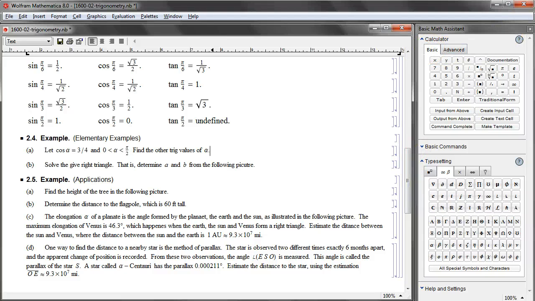It is really necessary to specify the angle is an acute angle, an angle between 0 and 90 degrees, or in radian measure, between 0 and pi over 2. Otherwise, everything will break down, and that's going to be an important topic that we'll discuss in the next section. Now, find out the other trig values.